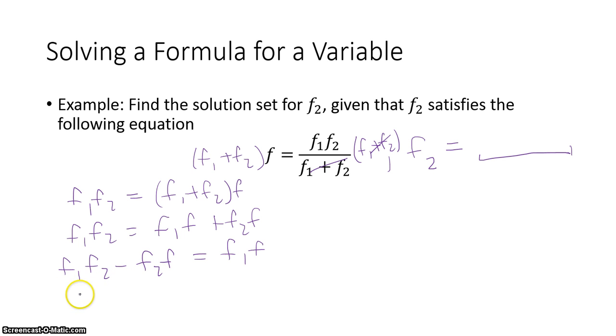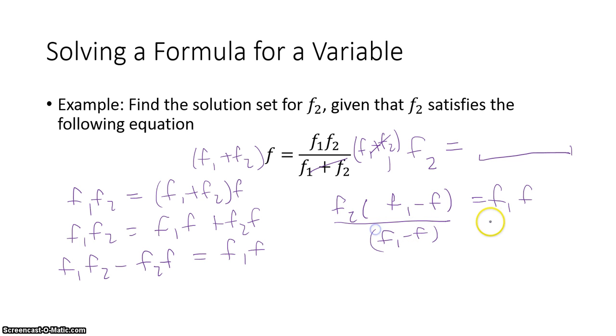Now I can factor out an f2, so I get f2 times f1 minus f equals f1 f. And last step is divide both sides by f1 minus f, yielding f2 equals f1 f over f1 minus f.